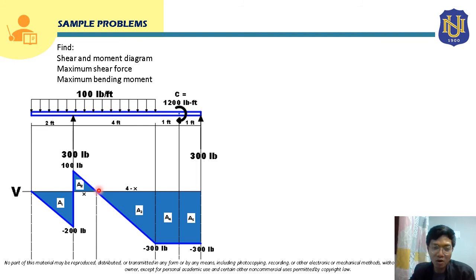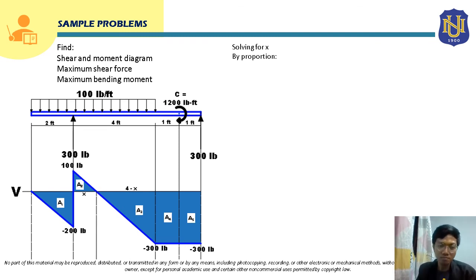So 4 minus x will be this distance. We can solve for the value of x by using proportion of these two triangles. These are similar triangles, this smaller triangle and this larger triangle. Therefore, we can use proportion here to solve for x.